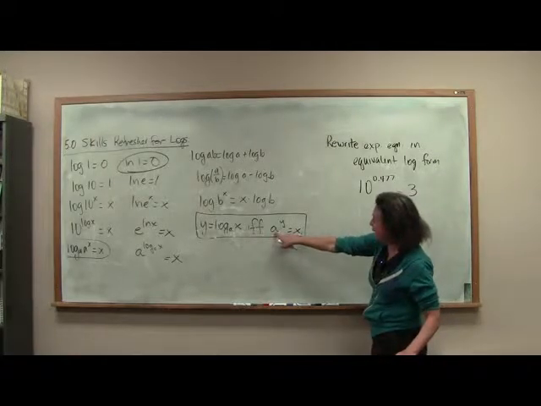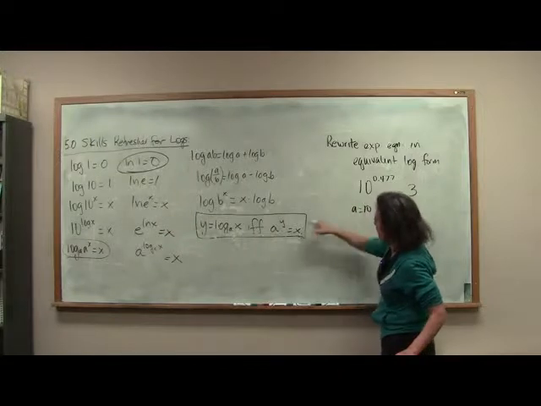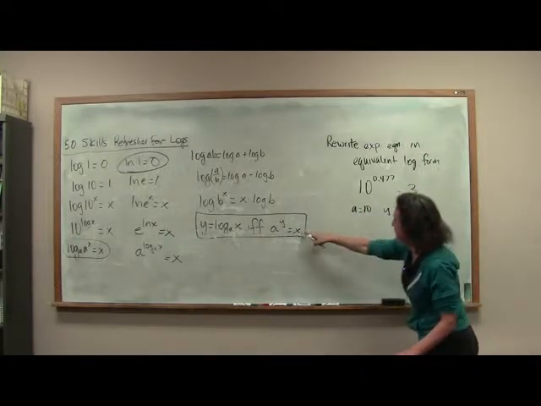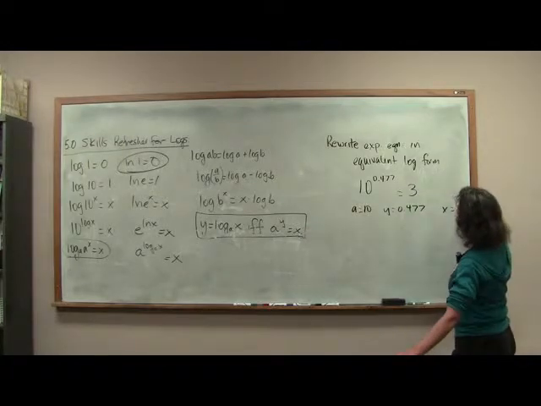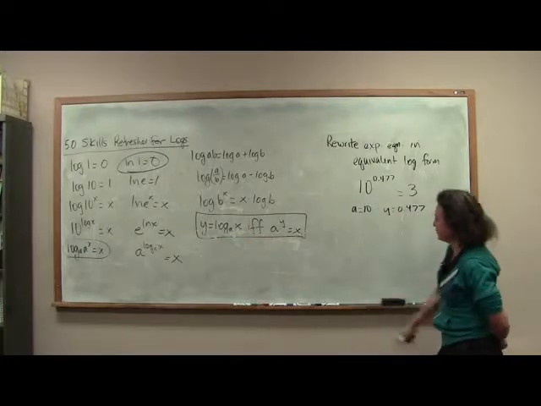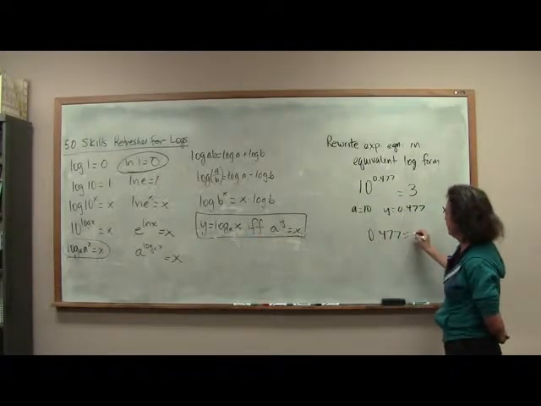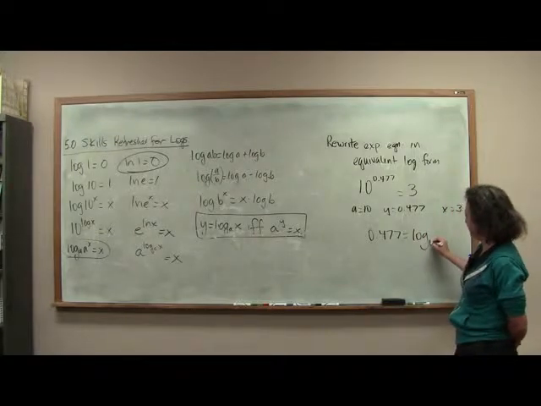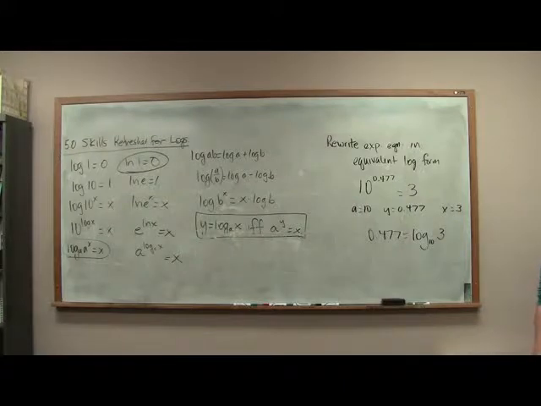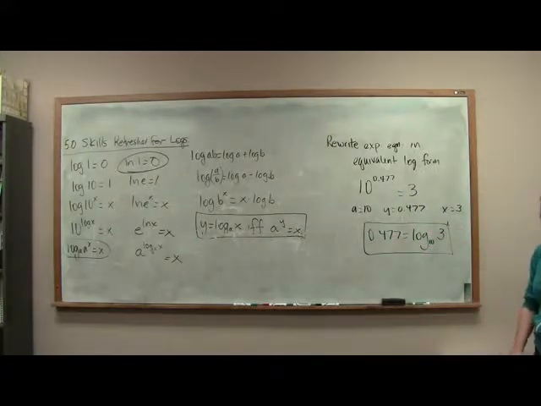So notice here my a is 10, my y is 0.477, and my x is 3. So plug these values in over here. So y is 0.477 equals log base 10 of 3. This is exactly what they're looking for.